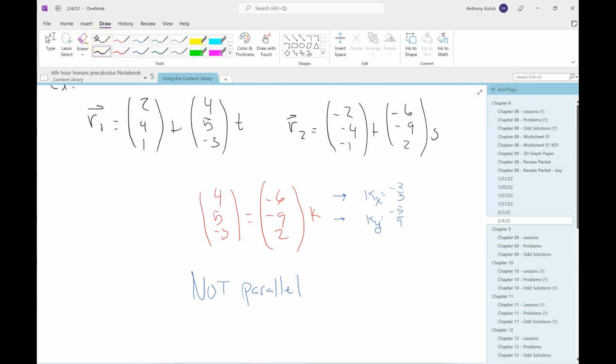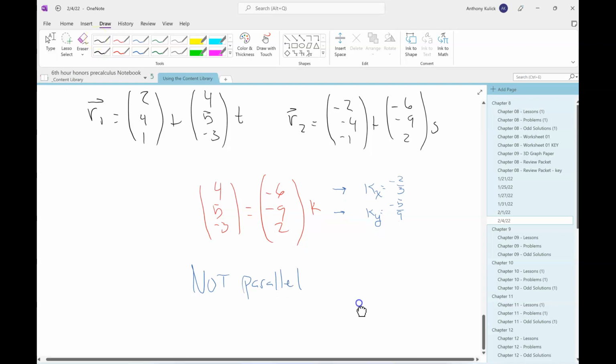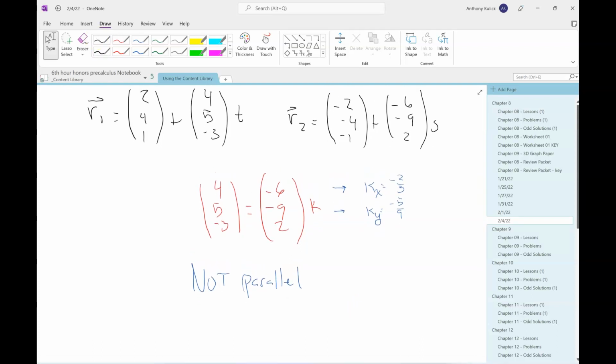Okay, so what do I check then if they're not parallel? Do they intersect? And how do I do that? I set the two lines equal to one another, right?